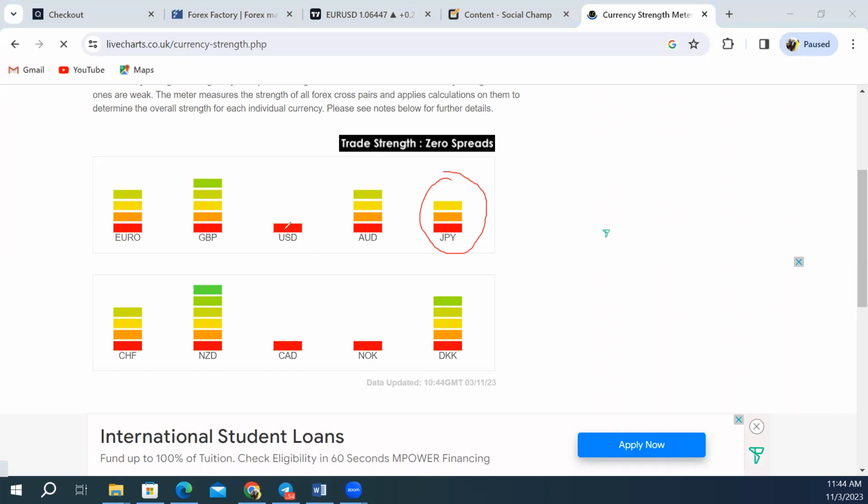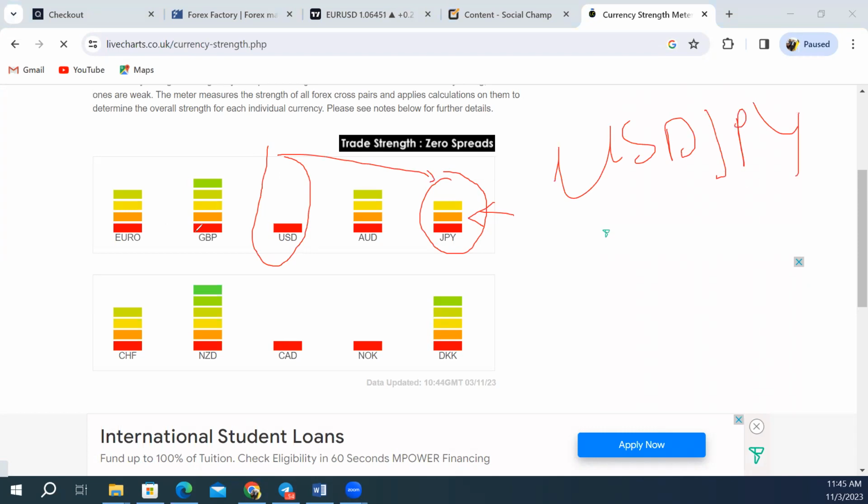For example, with a currency pair like USD Japanese yen, if the US dollars get strong and the Japanese yen is not that strong, you are going to see a much bigger move on USD Japanese yen than on GBP USD, because both of the currencies in that pair are strong. Even though we are still going to see the move, it will not be as intensified as in the case of USD Japanese yen.